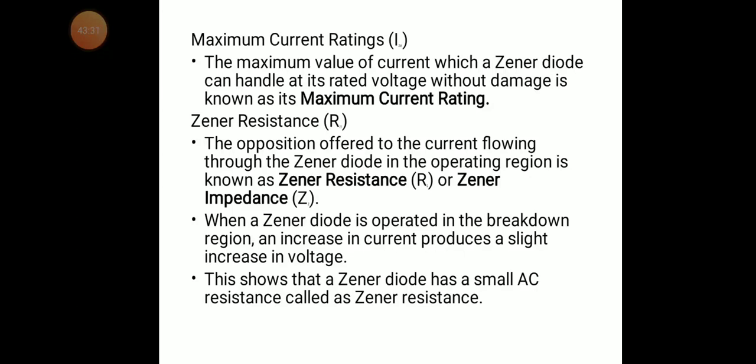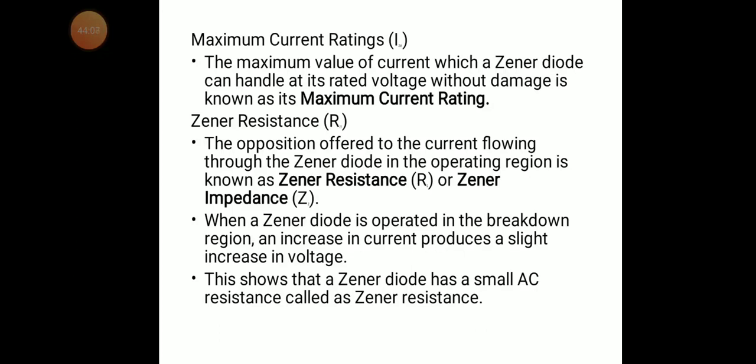The opposition offered to the current flowing through the Zener diode in the operating region is known as Zener resistance or Zener impedance, which we can denote by Z. As we already know, any device has some sort of opposition to the current flow. Even a conductor has some opposition, and that opposition is called resistance.